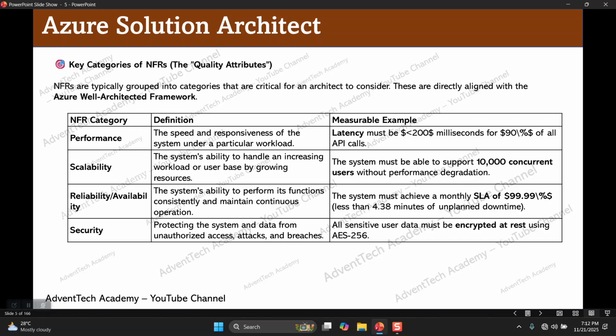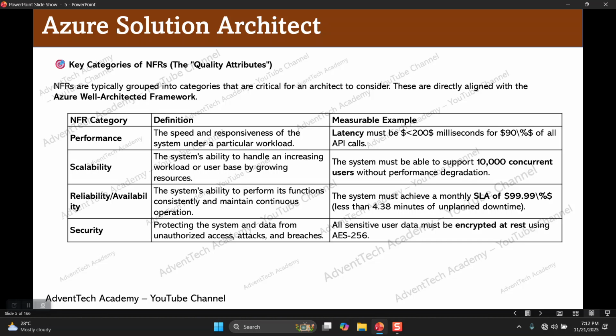Reliability means the system should perform its function consistently and maintain continuous operation. How is the prod service running? The prod service is running 24 by 7 on all days. How is the web app, how is the Amazon app working, whether it is working fine for all the days consistently.